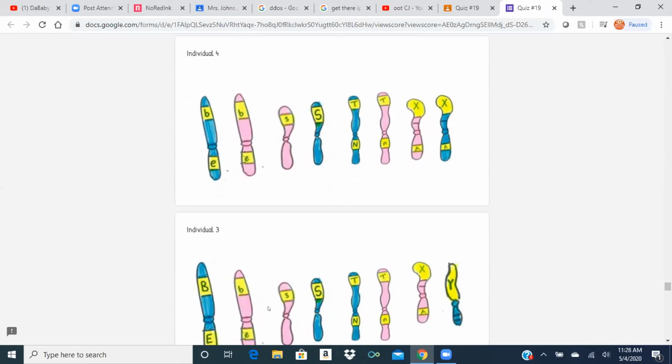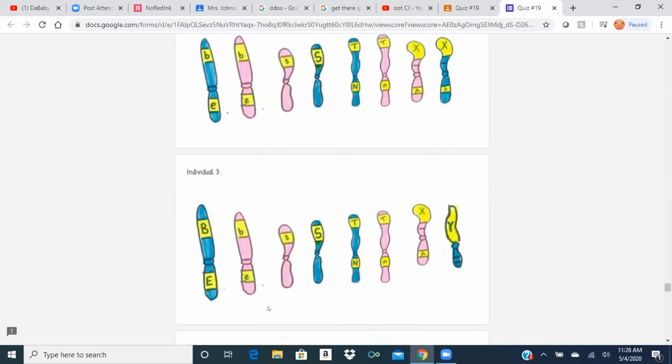Let me get my glasses on. The ones on the bottom, the last ones, in individual 4 or individual 3? Both. Do you see any uppercase or lowercase? The top, I see 2 uppercase, and on the bottom, I see 1 uppercase.